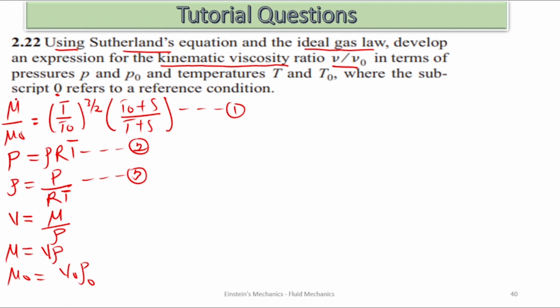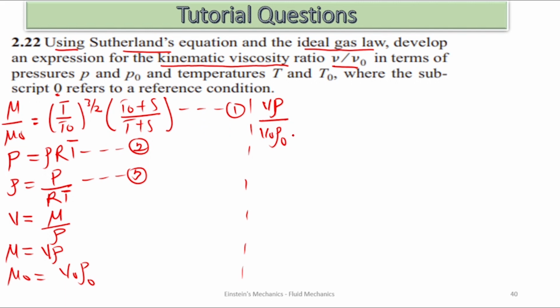Then let's put in place here these values. So in place of the mu, pay attention, we are proving the equation. I'm having V on rho, which is the density, and for these two, I'm having V naught on rho naught.